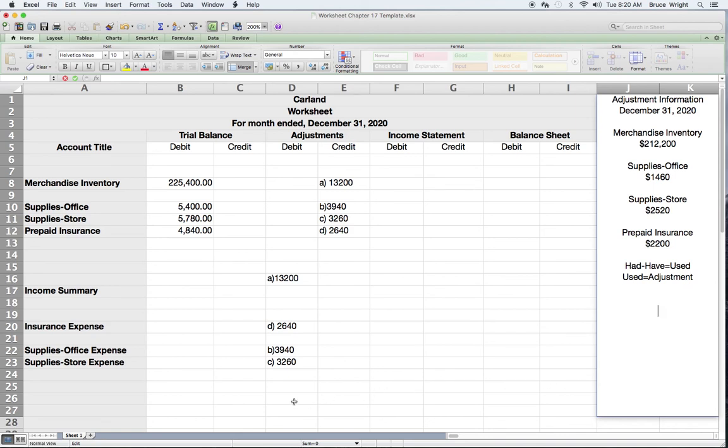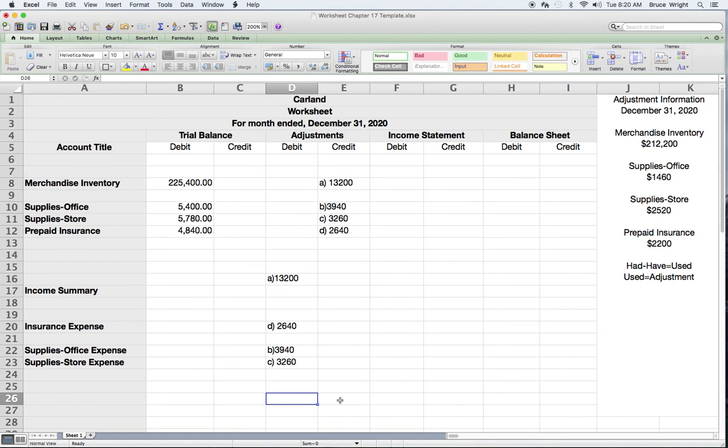Now, if you remember, we're going to total up both of these columns down here, and they'll equal. All right, at this point, this is where we have to extend our accounts.